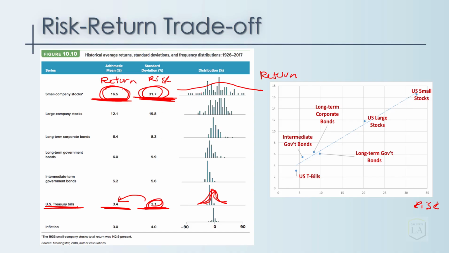The distribution is so wide that there are going to be certain times that you will be losing your money, whereas there is another chance that you will go to the other extreme and make a higher return as well. So along the way, it's going to be a lot bumpier. Whereas a U.S. Treasury bill is just sticking to the mean. So the lowest amount it will get will be much higher compared to the minimum amount of return that you see in the small company stock investment journey.